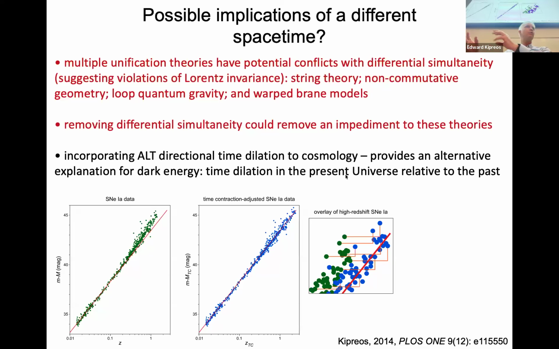So the past would be time contracted, things would go real fast, and now we're slowed down because of time dilation. And these are supernovae, and this is a line of redshift and distance modulus, and these supernovae being off of the line is why people think that's the most direct evidence for dark energy.